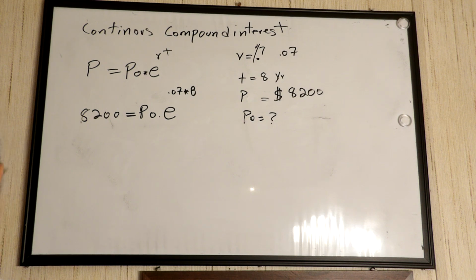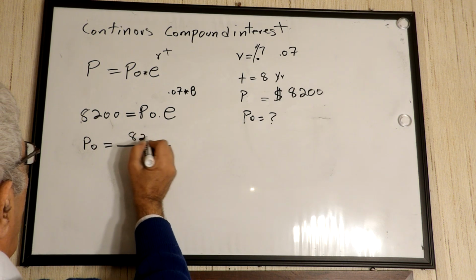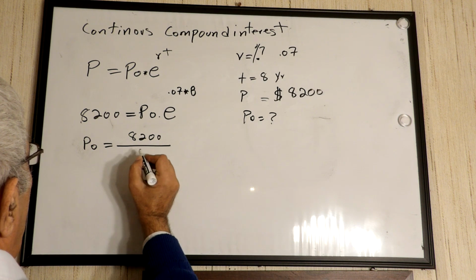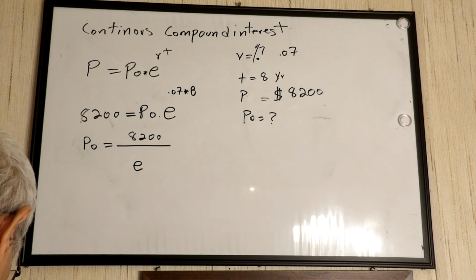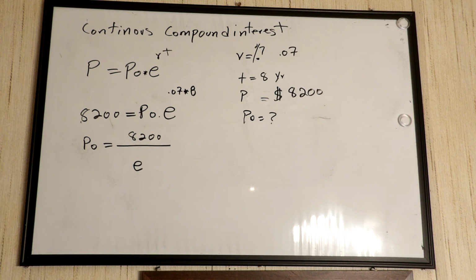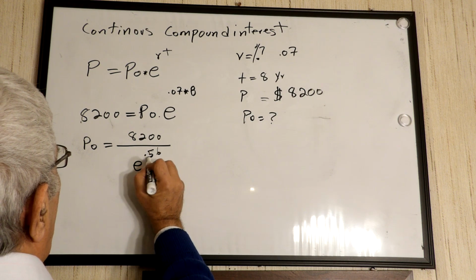The way to solve this problem is to say P0 is equal to 8,200 divided by e to the power of 0.07 times 8, which is 0.56.